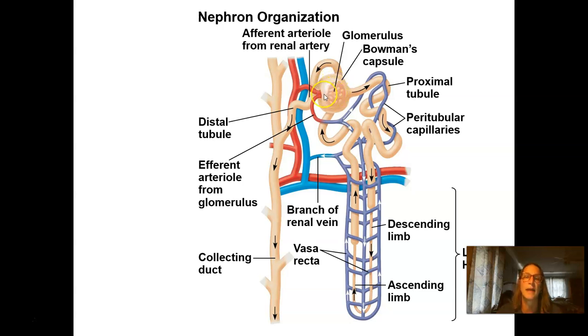Whatever doesn't get pushed out of the glomerulus into the Bowman's capsule returns here into this other arteriole, and then that spreads out into another capillary bed called the peritubular capillaries, which you can think of as surrounding the tubes. Those are going to reclaim some of the material that got pushed out of the glomerulus up here in the Bowman's capsule.